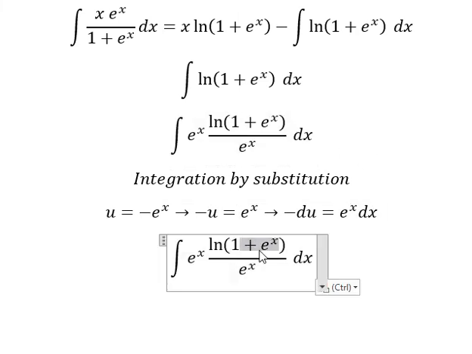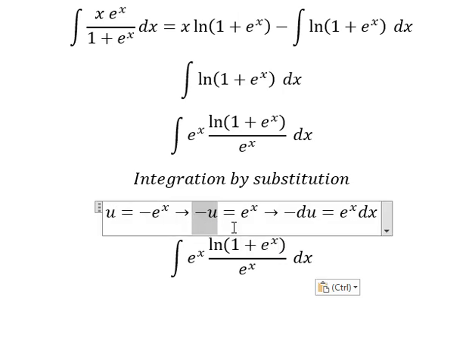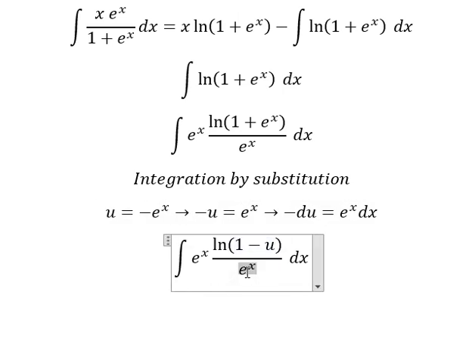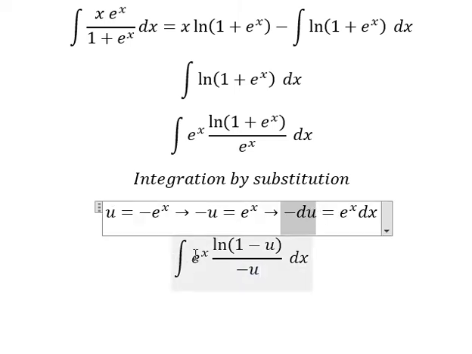So this one, positive e to the power of s, we change by negative u. E to the power of s ds, we change by negative du.